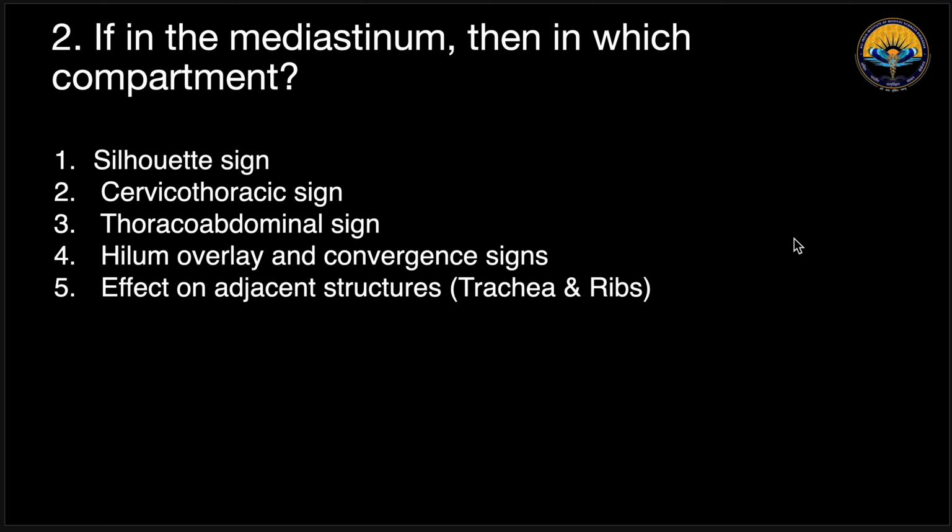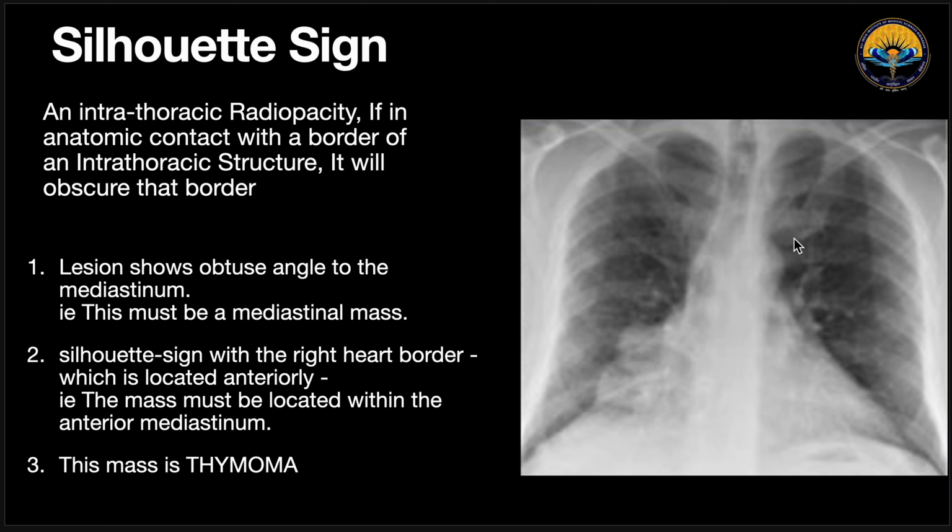Now when we have seen that it's in the mediastinum, then we have to localize if it's in the anterior, posterior, or middle mediastinum, and we have various signs for it. First is the silhouette sign. If there is a mass adjacent to some other structure, it will silhouette it, and this silhouetting is very characteristic of masses.